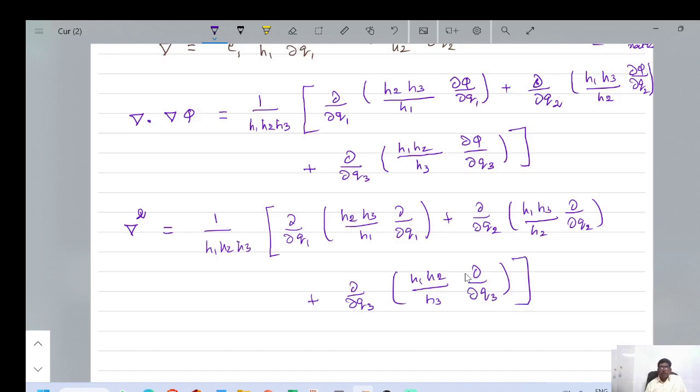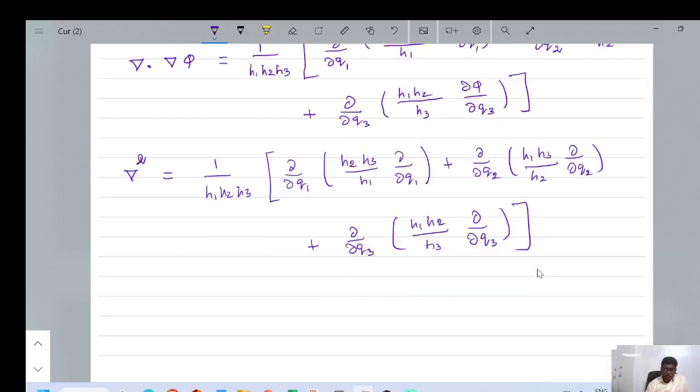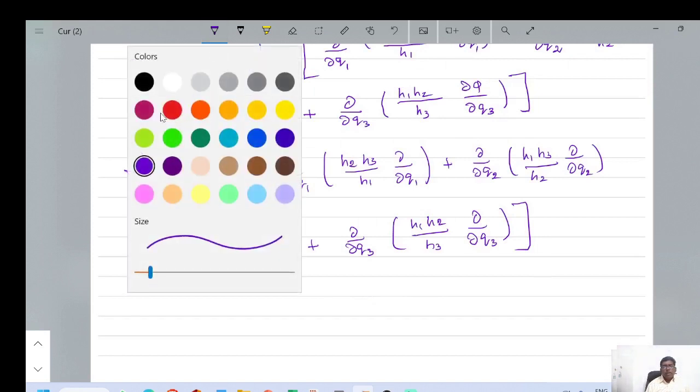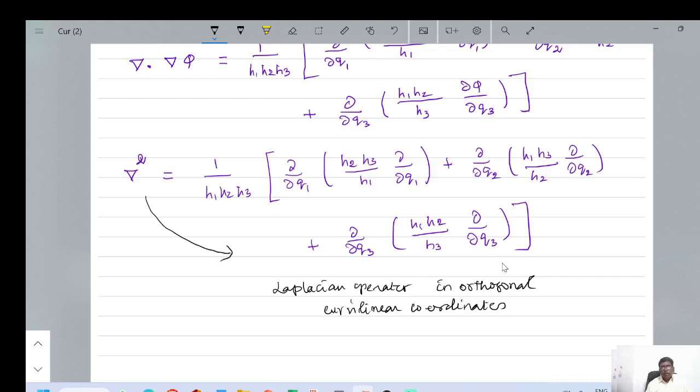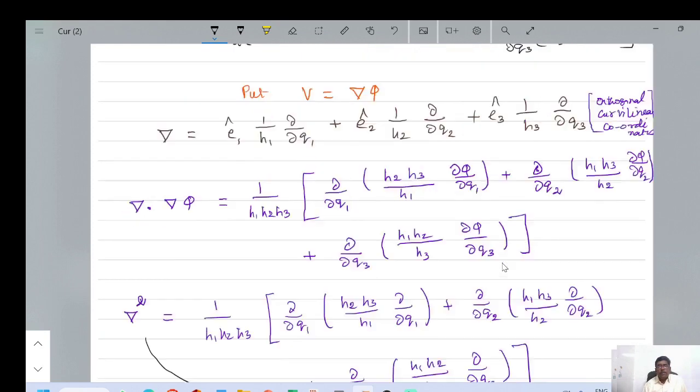This is the value of the Laplacian operator, the Laplacian operator in orthogonal curvilinear coordinates.